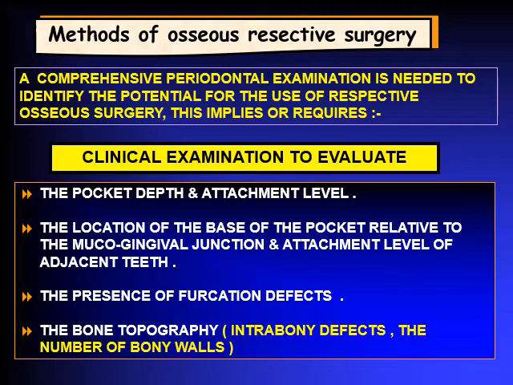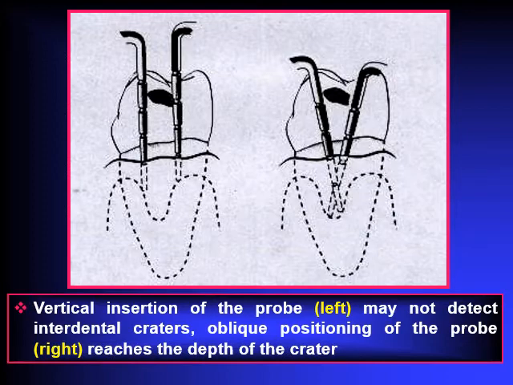The bone topography. How will we know the bone topography? See here, when you make a vertical insertion of the probe in the left figure, this may not detect the interdental crater. There is an interdental crater here.